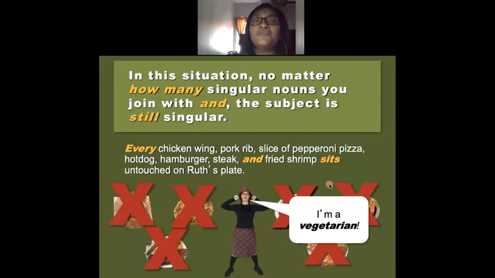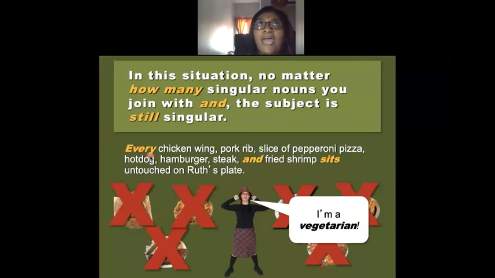So in this situation, you realize, let's say, after the word every, you have so many other subjects. So it looks like we are talking about more than one subject. But unfortunately, because you are using every or each, it is still classified as a singular subject.